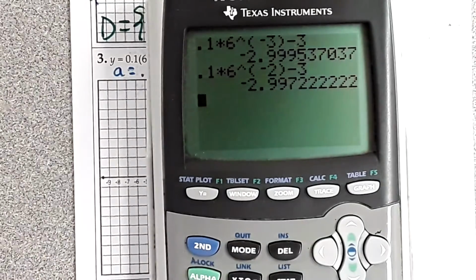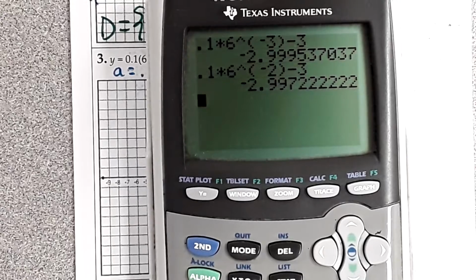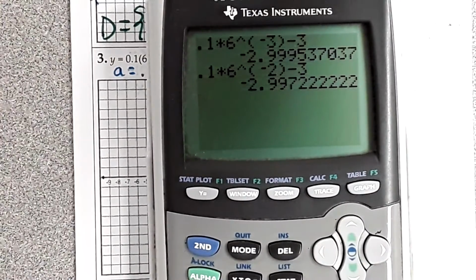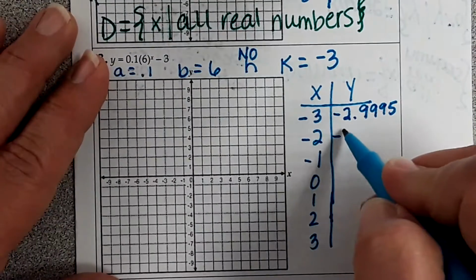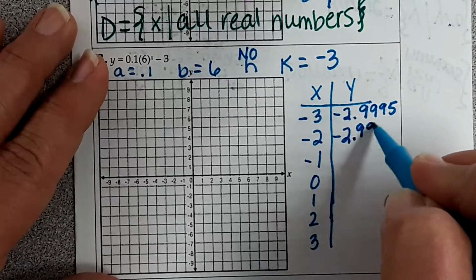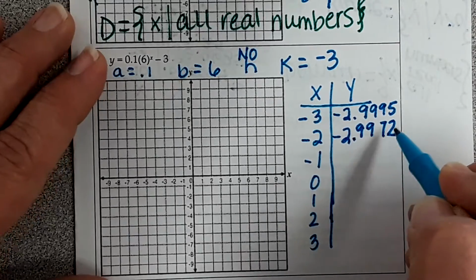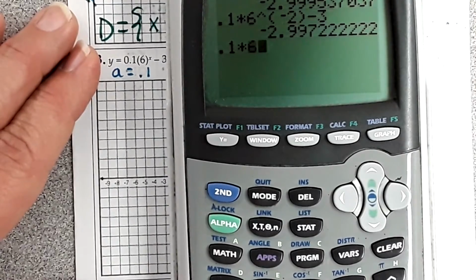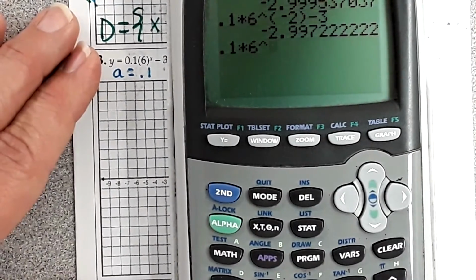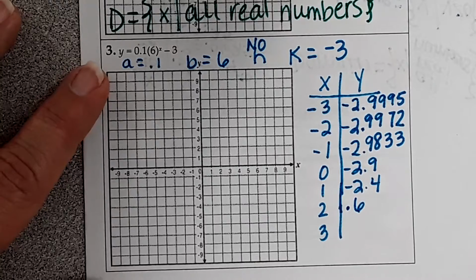Is everyone getting the same answers? Are you having trouble with the calculator? Because you guys are going to have to know how to do this on the calculator. And then what did you get for 3?